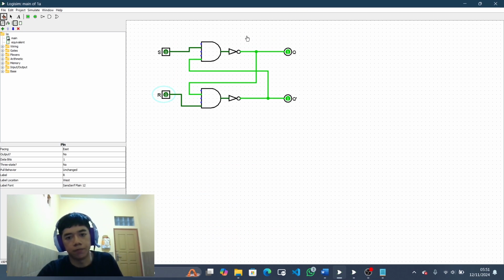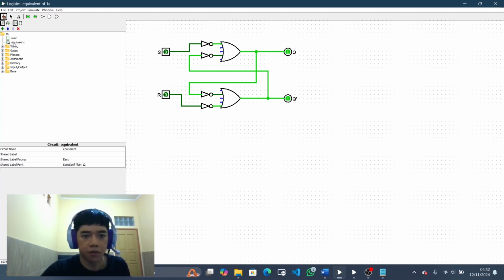An active low is when the circuit goes active when the values are low. So here, for example, if both inputs are high, then it goes low. If one of the inputs goes low, the circuit becomes high, because it obeys the rule of the NAND gate.